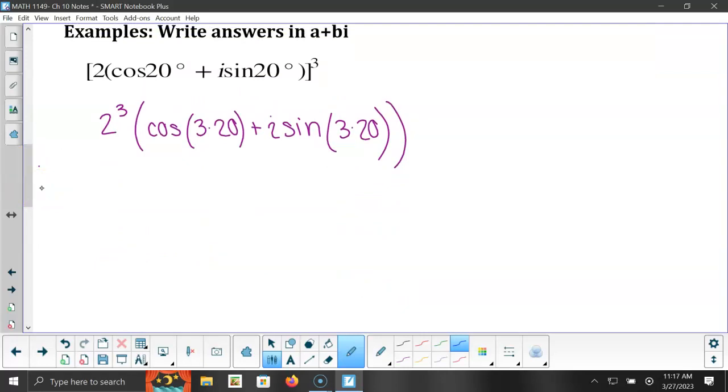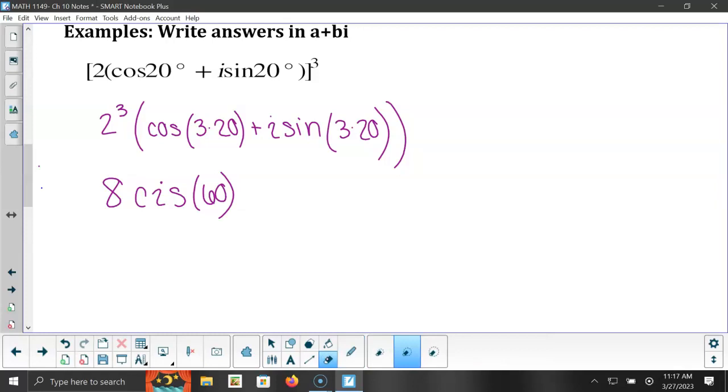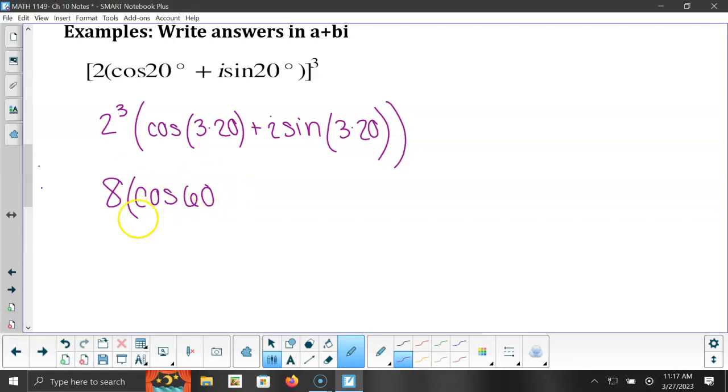What's 2 cubed? 8. And then if you want to abbreviate, it's literally it. Oh, yeah, you're right. So 8, let me rewrite it all out. Cosine of 60.